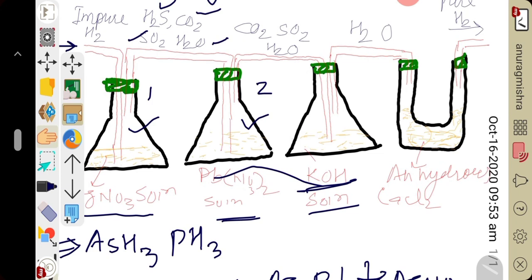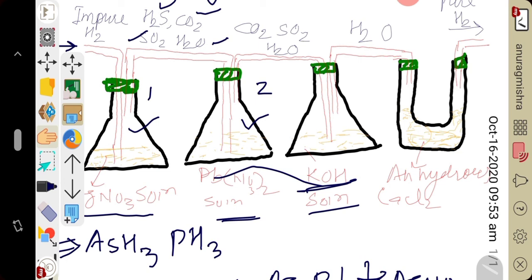Finally, only water is present as an impurity in the hydrogen gas. We all know water can be removed by using a drying agent. You can see here in this U-tube we have used CaCl2 as a drying agent. When we pass hydrogen gas containing water vapor through this drying agent, the water vapor will be absorbed by CaCl2 and pure hydrogen gas will pass through this U-tube and be collected over mercury, because mercury is non-reactive with hydrogen gas.